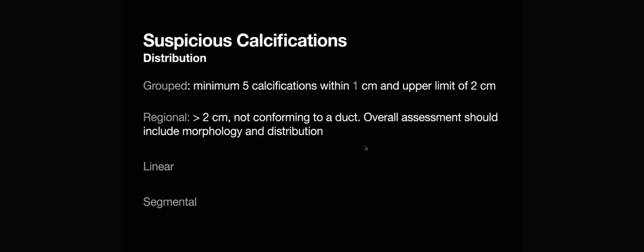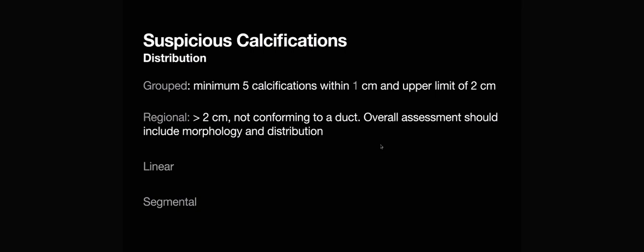As you mentioned, grouped is a minimum of 5 calcifications within 1 centimeter and an upper limit of 2 centimeters. Regional, when we go regional, they're more than 2 centimeters, but they're not conforming to a duct. When they're conforming to a duct, they will appear segmental.